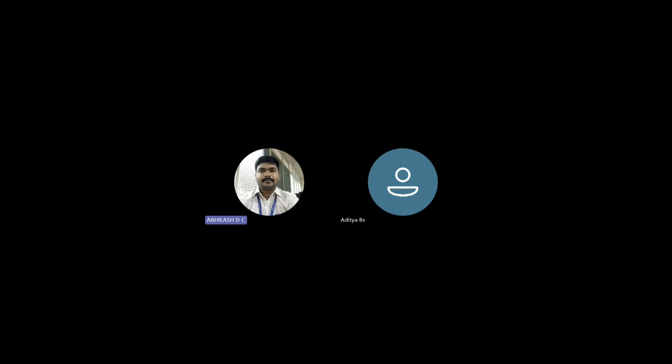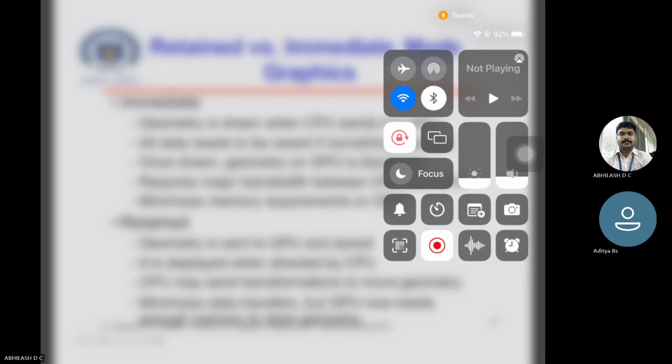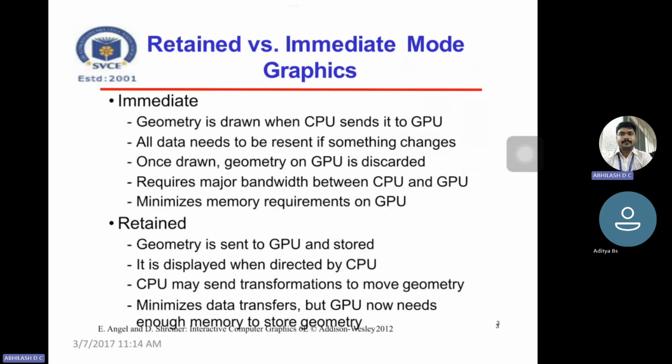Right? So the next thing is what happens when we draw. Once we are done with the drawing, the geometry on the GPU will be discarded, meaning it is not used as of now.